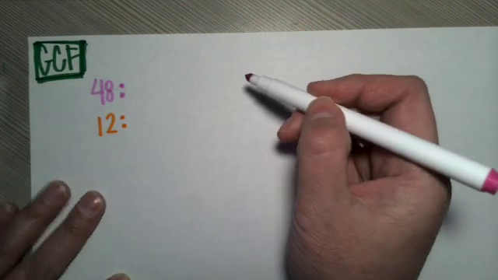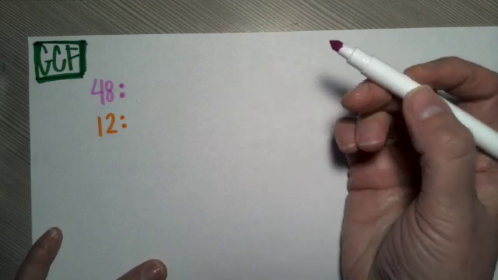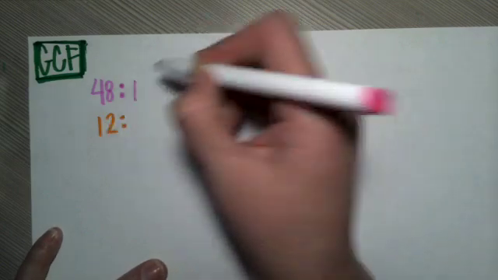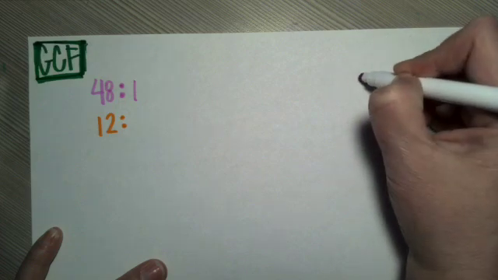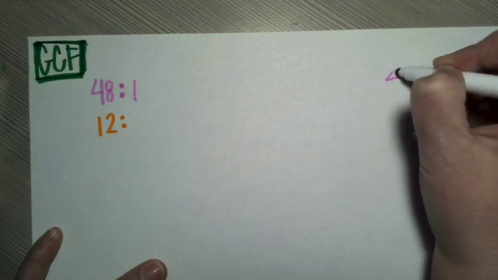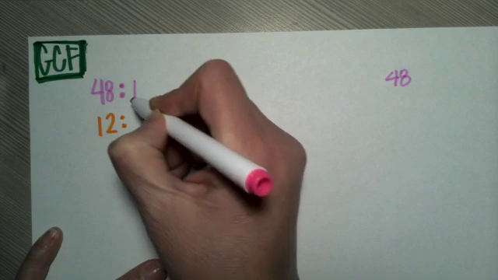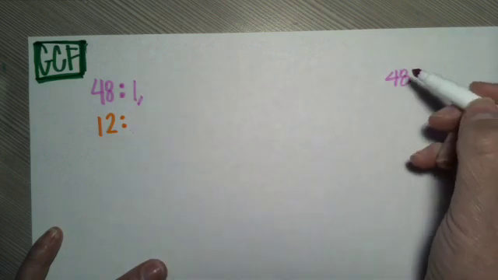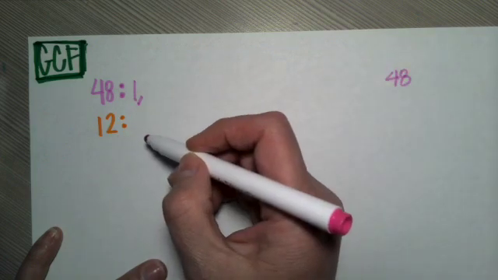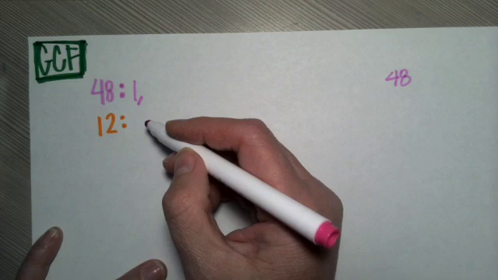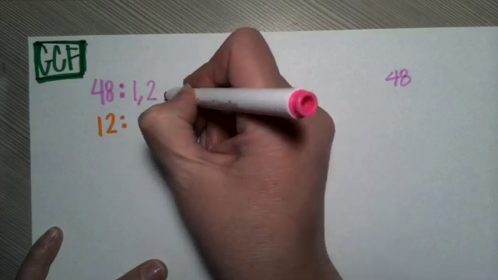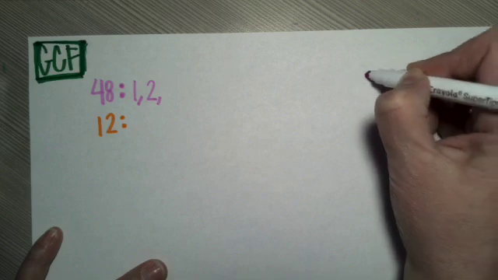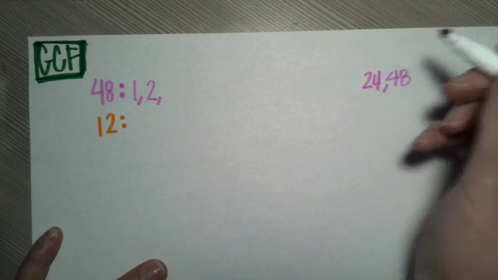And we're going to write those numbers out. So the first thing, the easiest one, I always start with the easiest one. 1 times 48, and I'm going to put 48 all the way over here. 1 times 48 equals 48. 2 times, it'd be 24. So 2 and 24 would be 48.